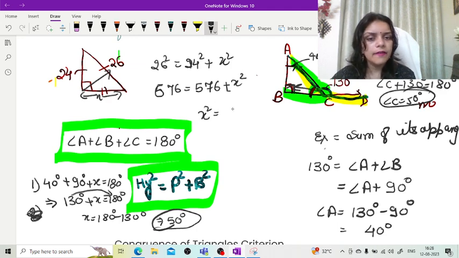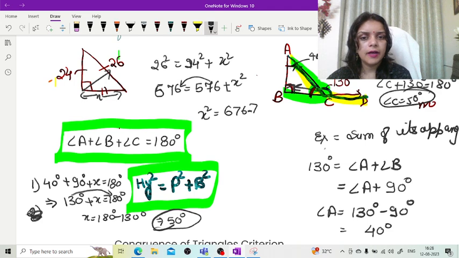So x square will be equal to 676, 576 will come this side, so it will be in minus 576. x square will be equal to 100, right?